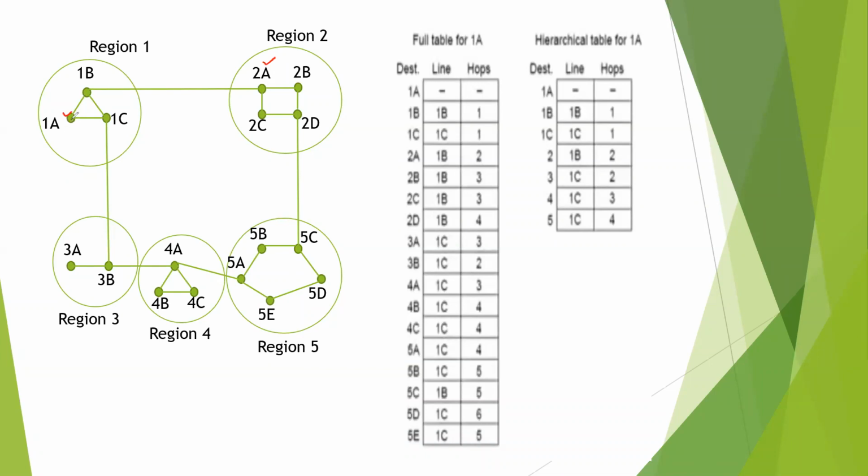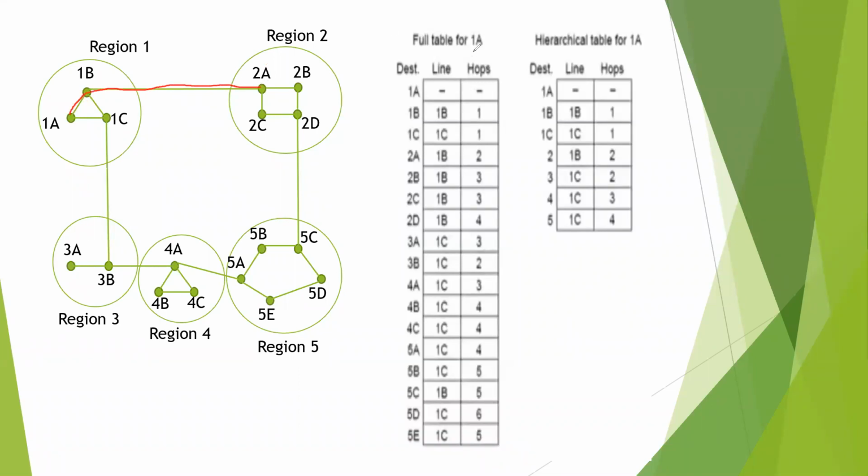Else I have to go first to 1C, then 1B, then 2A. If I choose this path, 1A to 1C, then to 1B, then here, I'll be taking 3 hops. Rather, if I take this path, from 1A to 1B, then to 2A, I'll be taking only 2 hops. So the smallest is 2 hops. That's why we'll be choosing this path.